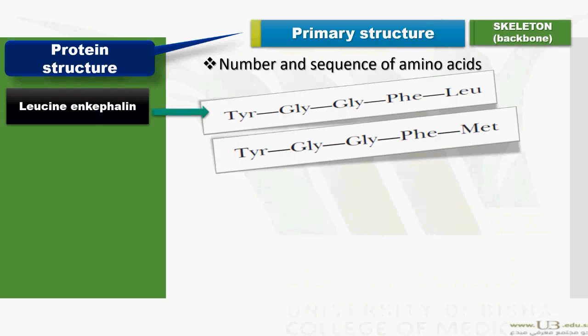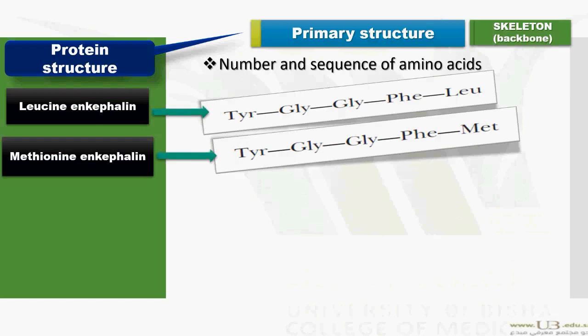So the first one is known as leucine enkephalin, and the second as methionine enkephalin. These are two polypeptide chains almost similar in every aspect, only different in the last amino acid.